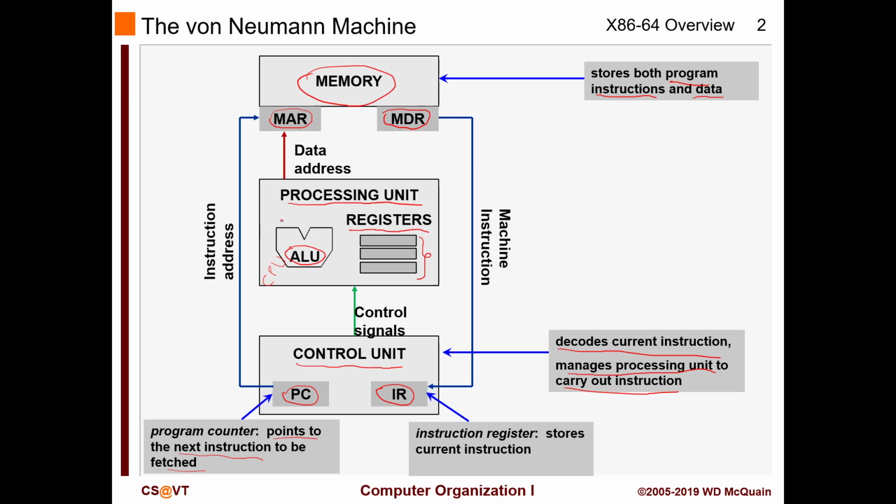Some processing is done with your ALU and registers, and then the data address is queried to the MAR, it gets the data, and it finishes its work. The output goes to some sort of output unit. This is basically the main idea of a von Neumann machine, and even now most PCs can be explained with a von Neumann machine anyway.